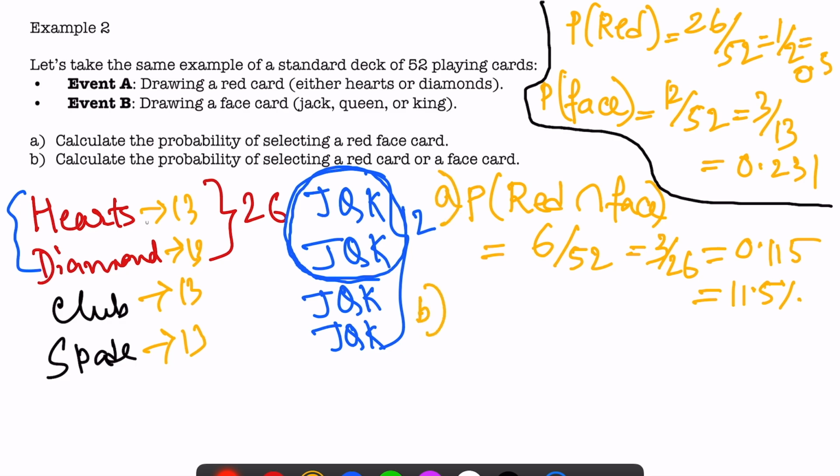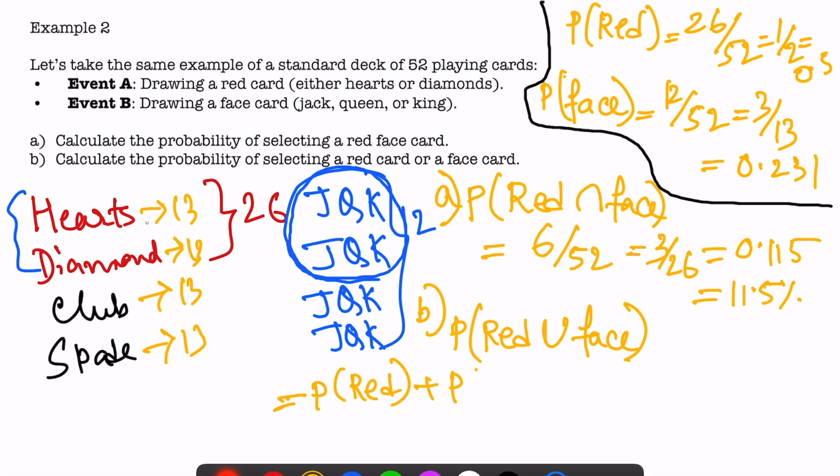Next we have to calculate the probability of selecting a red card or a face card. That means probability of red union face. So we know the union probability formula, so that will be probability of red plus probability of face minus probability of red intersection face.